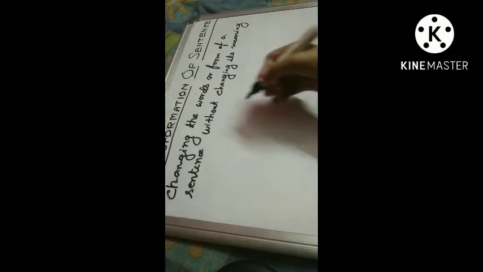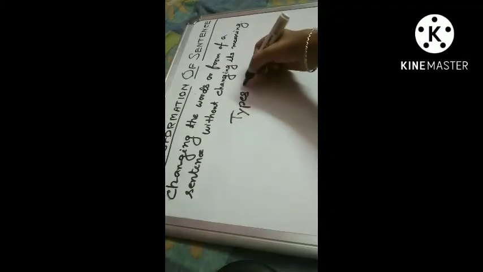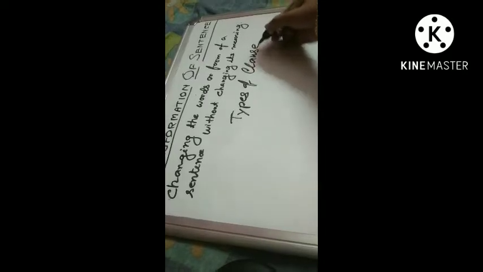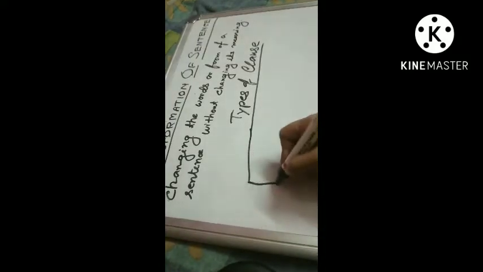So now we know how many types of clauses there are. Types of clauses. How many types of clauses are there? Because we need to understand clauses for the transformation of sentence. So there are two types of clauses.